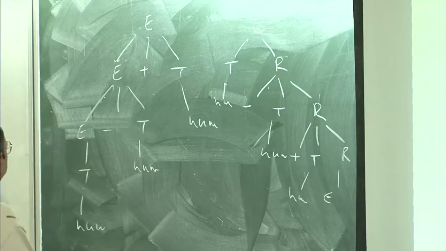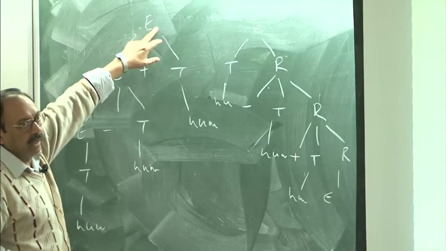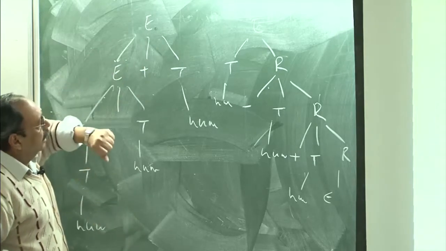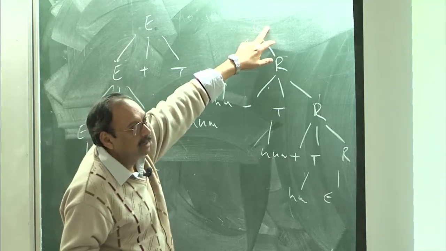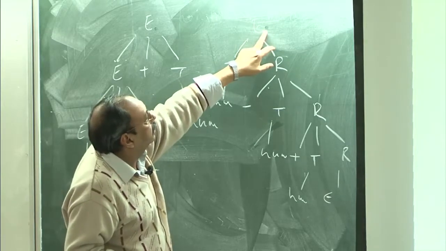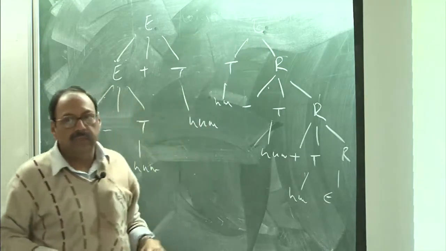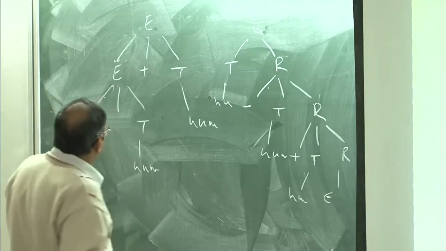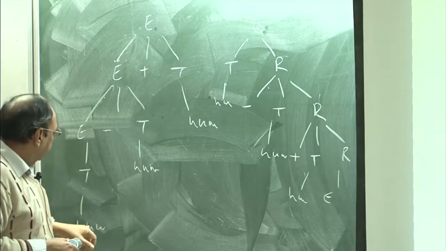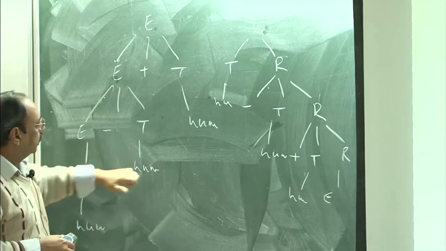Now, if I want to use certain definitions to find out this value, which are synthesized attributes, it is equivalent to saying that if the same value becomes available here, and if I now use L attributed definitions instead of only synthesized attributes, then I can solve this problem. But how do I convert that? Since I am evaluating from left to right, when I want to know the value of this E, I must know this value and this value.